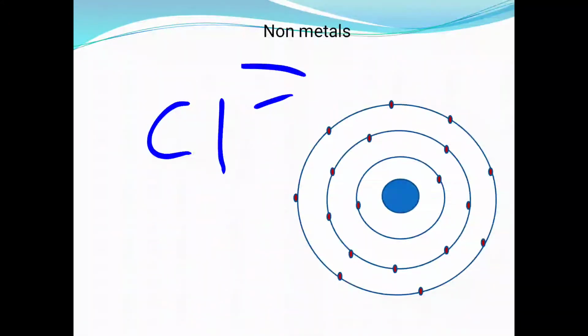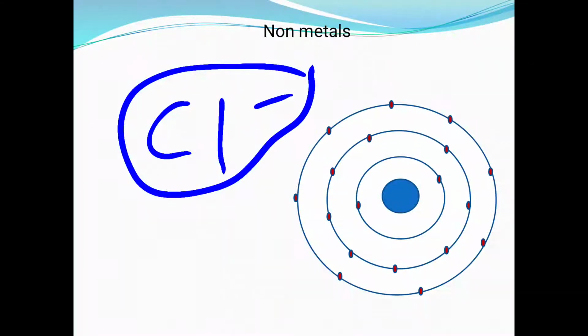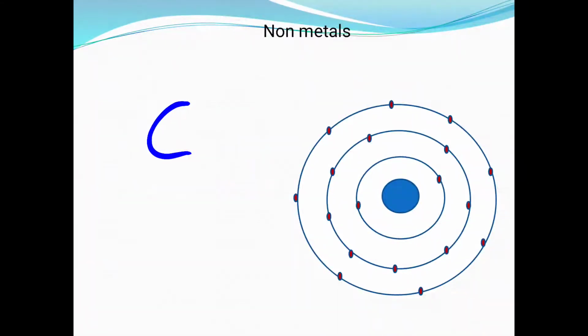That's why it is denoted as Cl minus. Okay. So again here the non-metals are formed by accepting the electrons. The non-metals accept the electron. After accepting the electron, they form a negative ion, that is also called an anion, right?